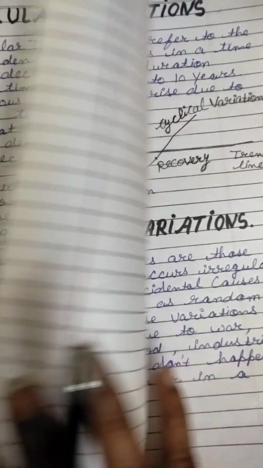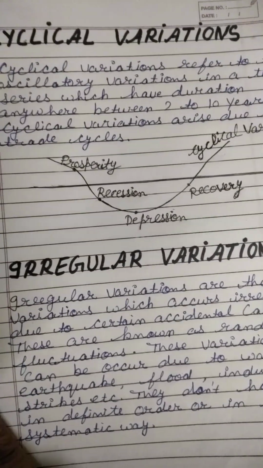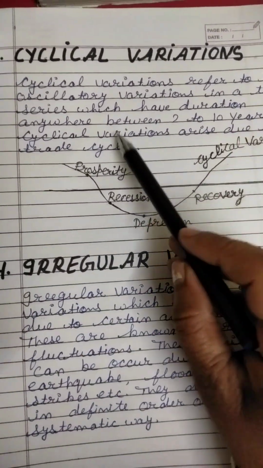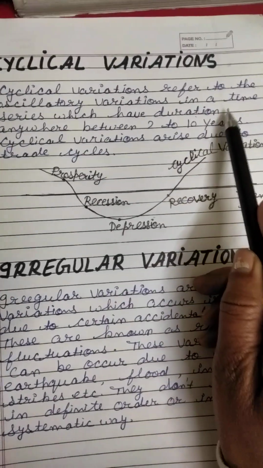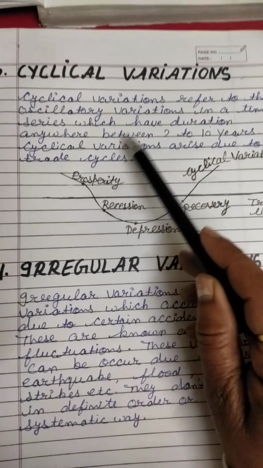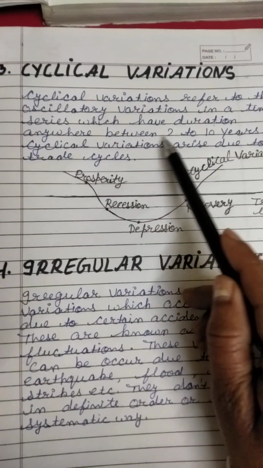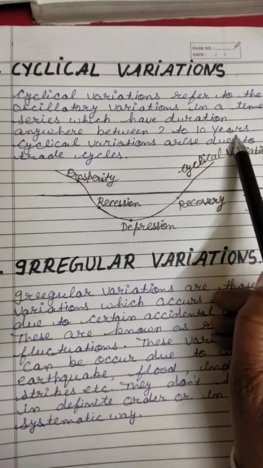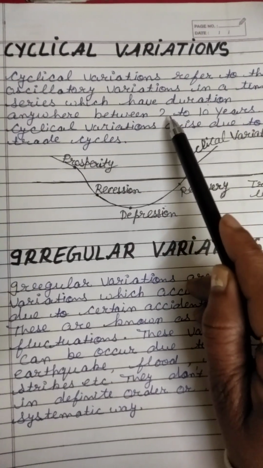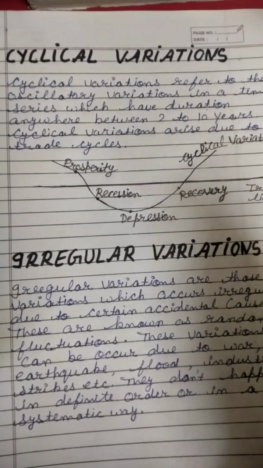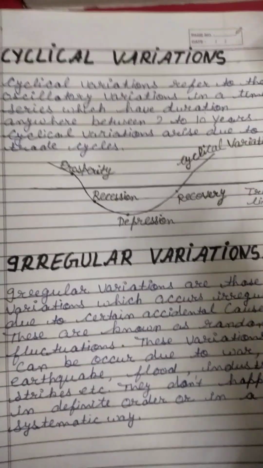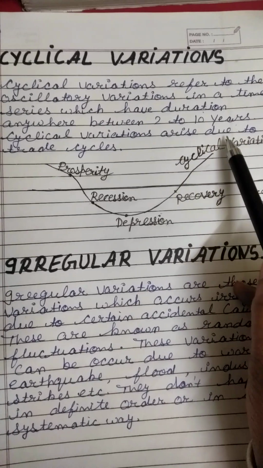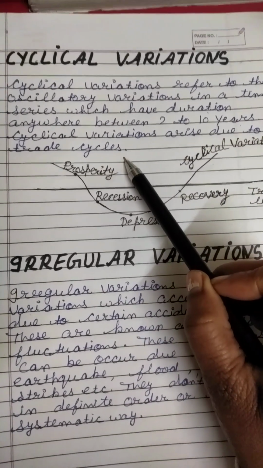cyclical variations. Cyclical variations refers to oscillatory variation in a time series which have duration anywhere between 2 to 10 years. ठीक है, साइक्लिकल वेरिएशन में कितनी ईयर्स की वेरिएशन होती है? 2 to 10 years. Cyclical variation arises due to trade cycles.